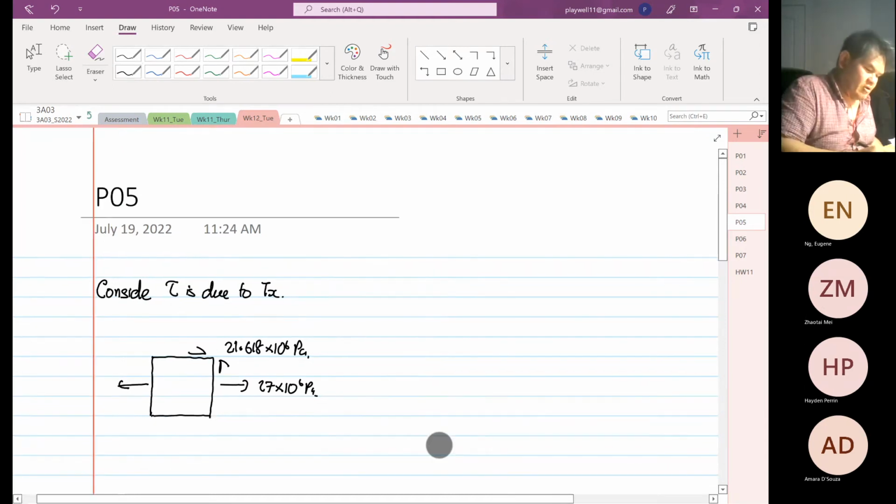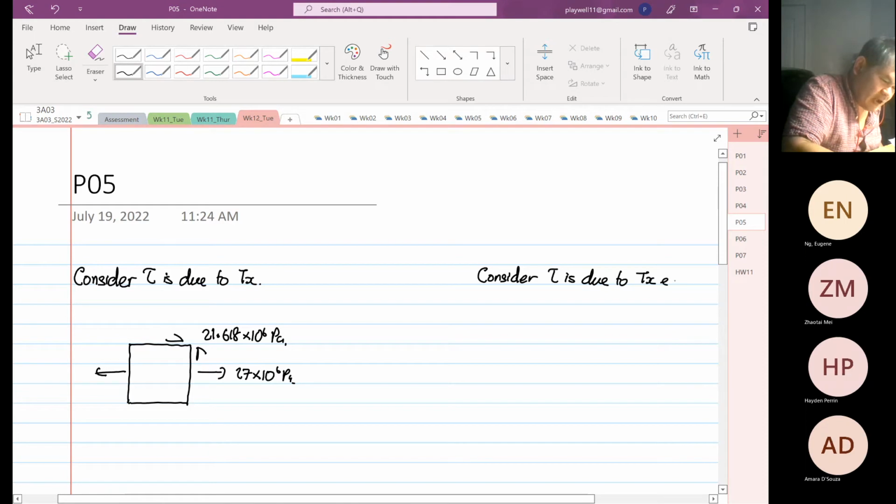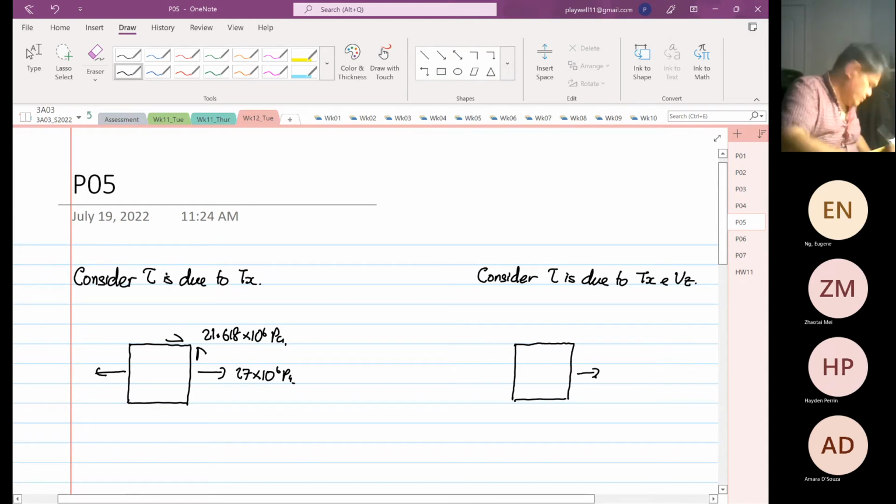On the right, we are going to consider the shear stress due to Tx and Bz. So now we have 27 times 10 to the power 6 Pascal.